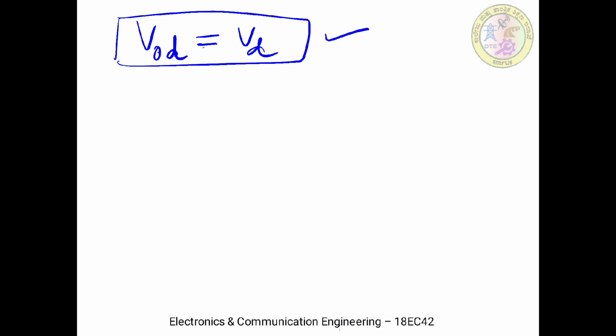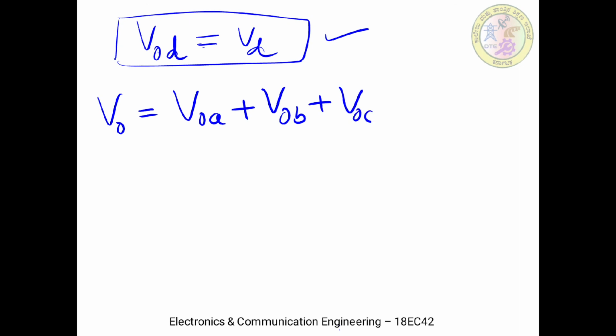So now by using the superposition theorem we have to get the final voltage by adding all these. I can write like this: VO is nothing but VOA plus VOB plus VOC plus VOD. This is what the superposition theorem is.